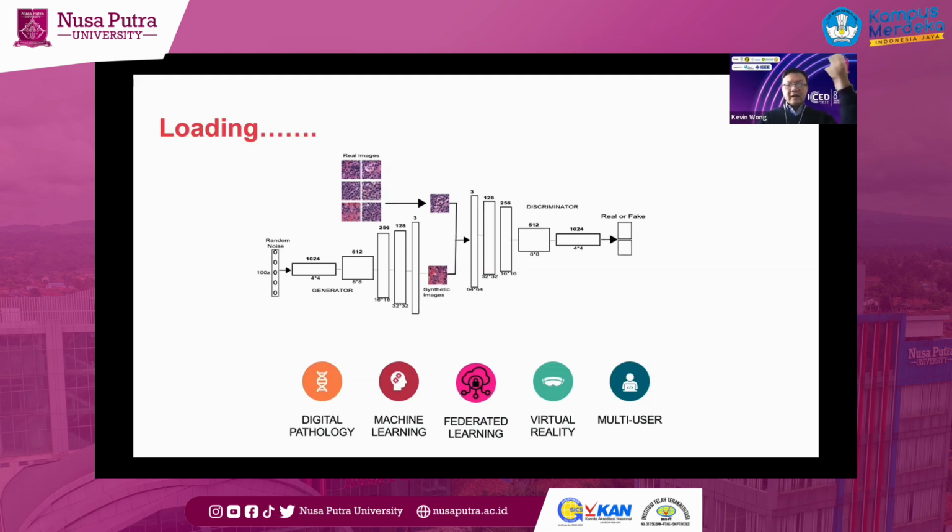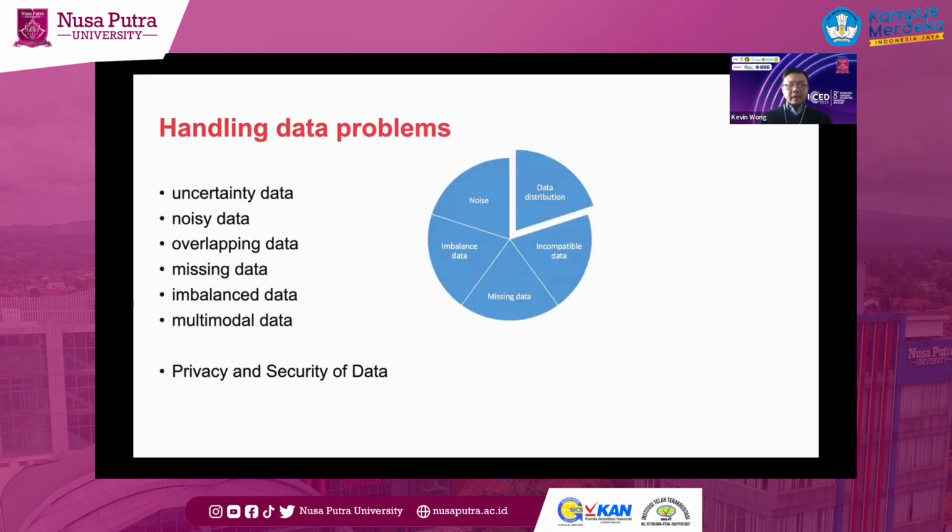We have the AI coming into the virtual world, and the real human pathologists coming into the virtual world, and then how they can work together to improve the prediction. As you can see, to work into the workflow of digital pathology, there are a few issues that we are continuously trying to handle.